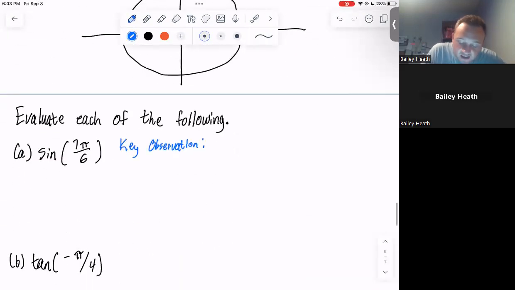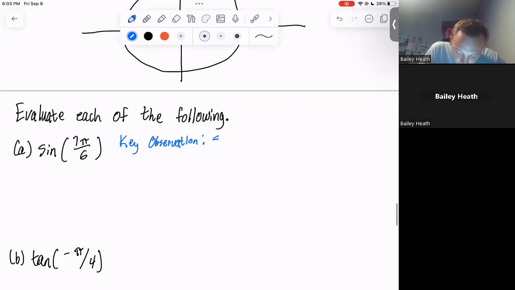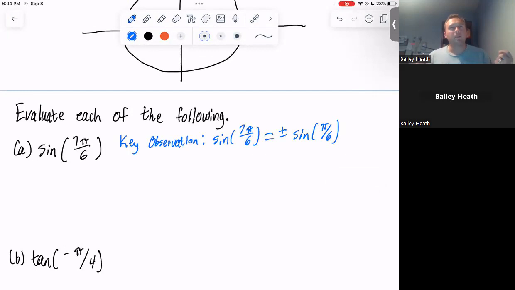Because of the pi over 6 in the denominator, I know that sine of 7 pi over 6 is going to be equal to plus or minus sine of pi over 6. In other words, it's going to be basically the same, except there could be a negative sign thrown in there.